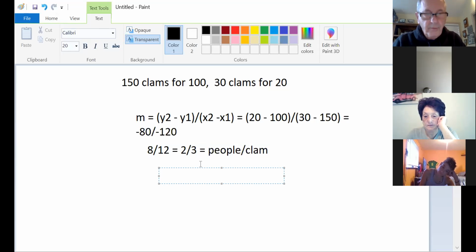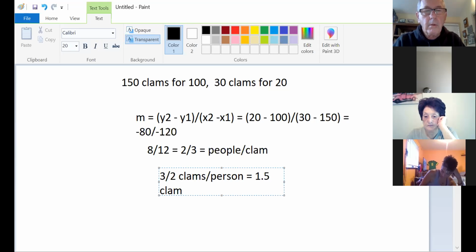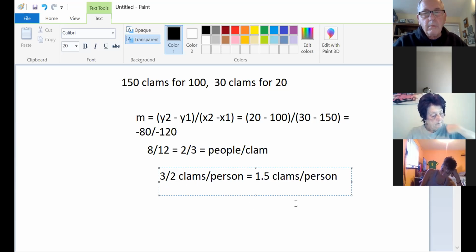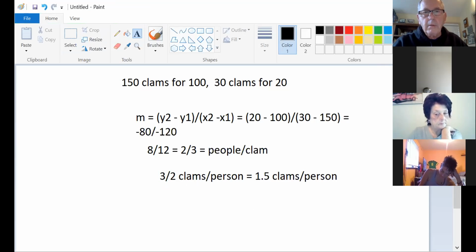You'd say it's 3 over 2 clams per person. This makes more sense, right? Which is equal to 1.5. Does that make sense? That's all we're doing.